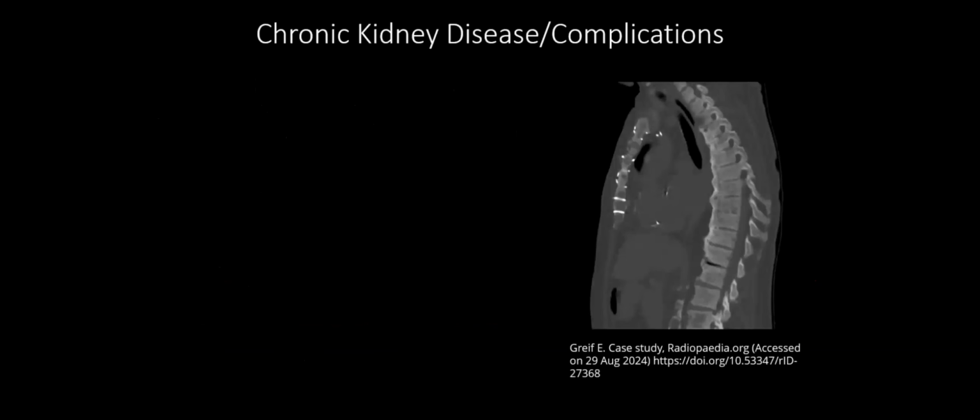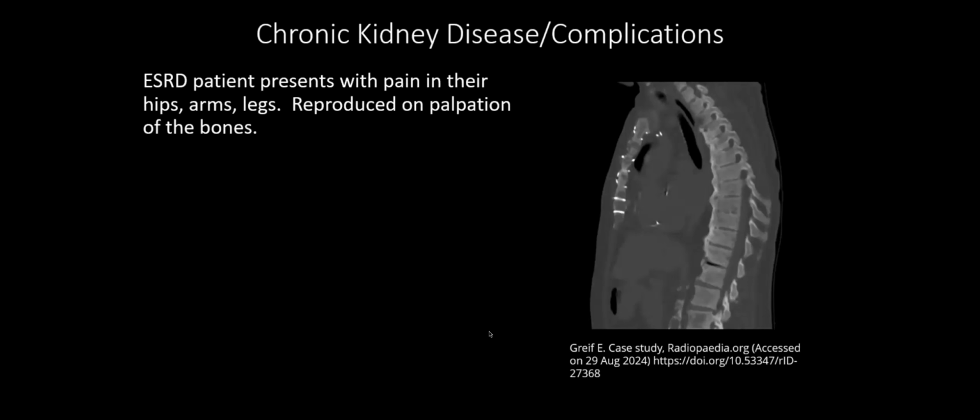Moving on here, another complication. You have an ESRD patient who presents with pain in their hips, arms, and legs, and you're able to reproduce it on palpation of the bones. Whether that's palpation of the femur or midline spinal tenderness, what does this make you think of, Mike?